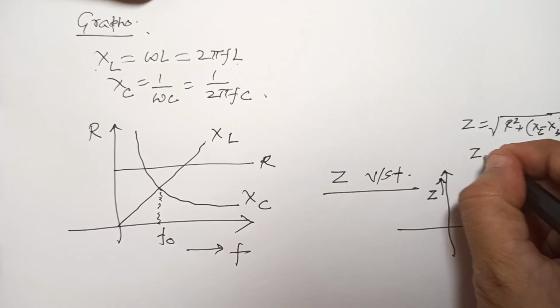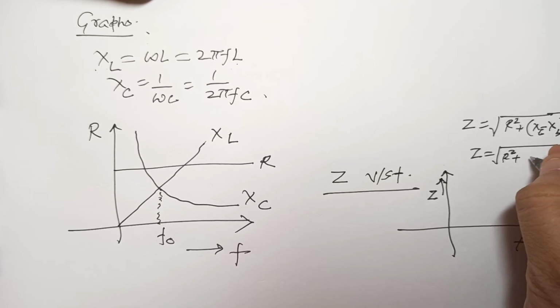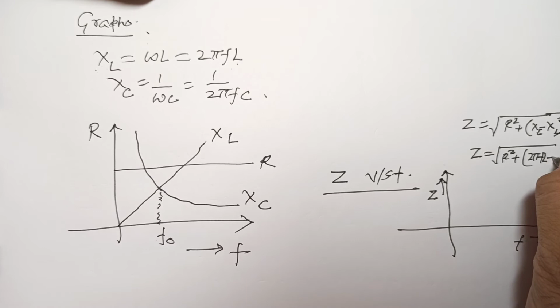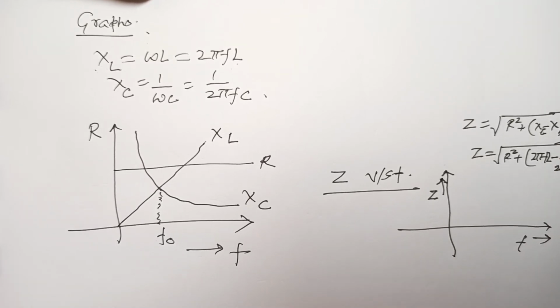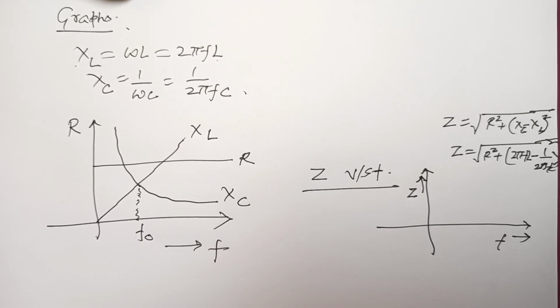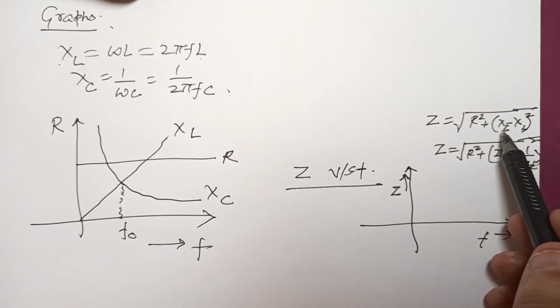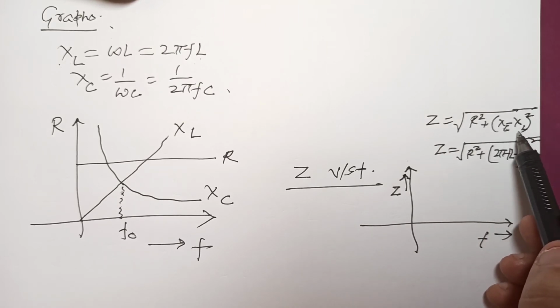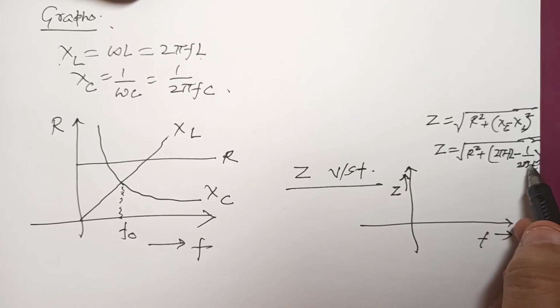Or if I put the values, I can say it is R squared plus (2 pi FL minus 1 by 2 pi FC) whole squared.